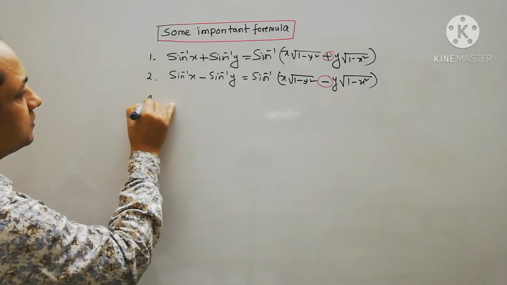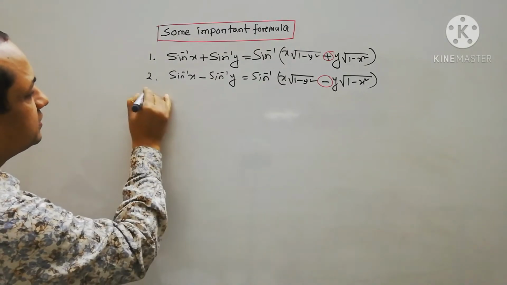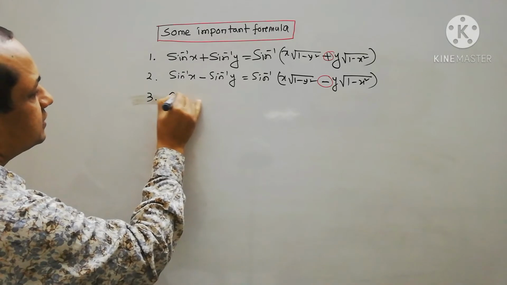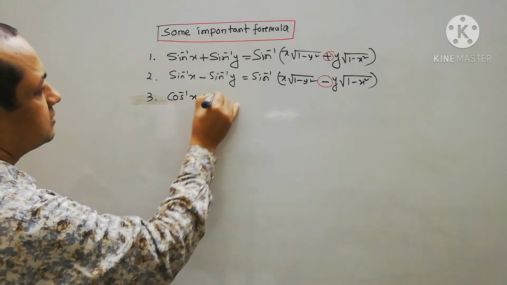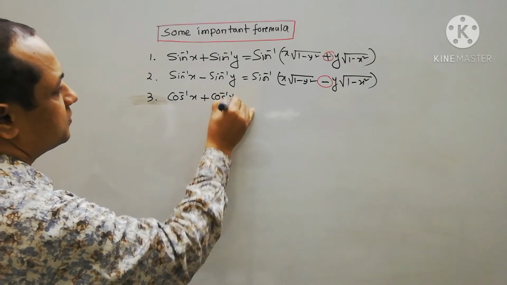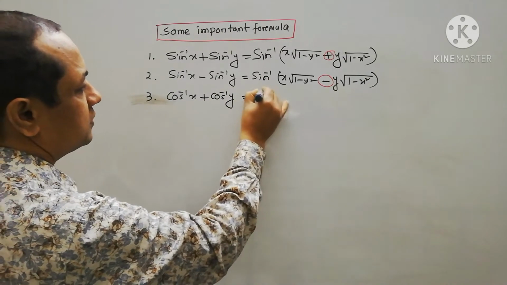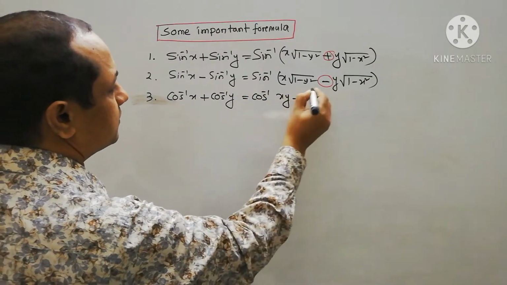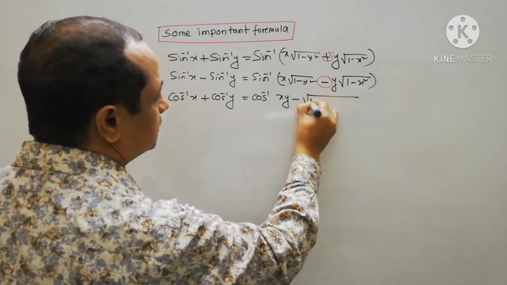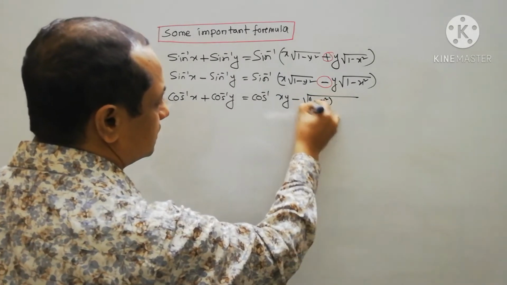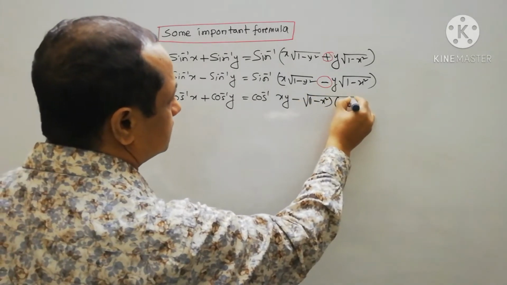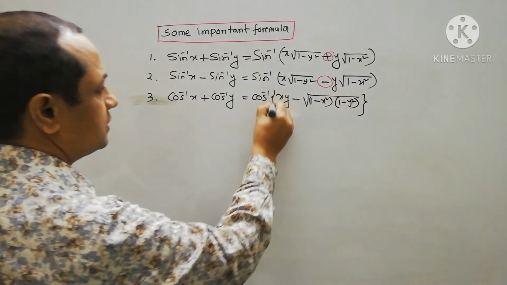Now the first formula, number 3: cos inverse x plus cos inverse y equals cos inverse of xy minus root over 1 minus x square into 1 minus y square.